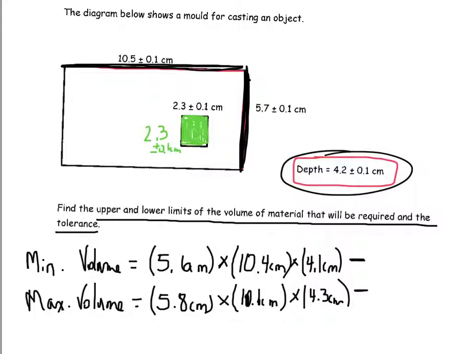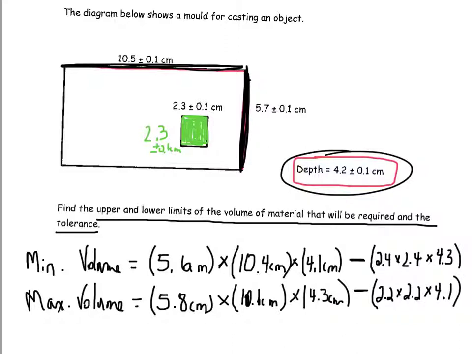Okay, so how big is the hole? Well, the maximum possible size of the hole is 2.4 by 2.4 by 4.3. And the minimum size of the hole is 2.2 times 2.2 times 4.1.